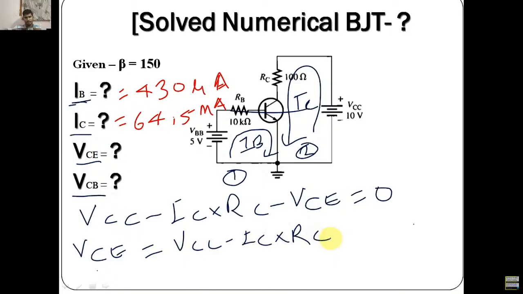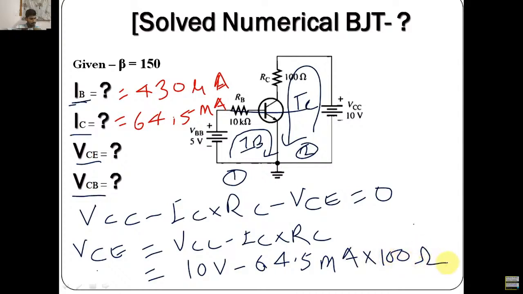Okay, since you know the value of VCC equals 10 volt, and IC equals 64.5 milliampere, you have to multiply by the resistance value, which is 100 ohm.